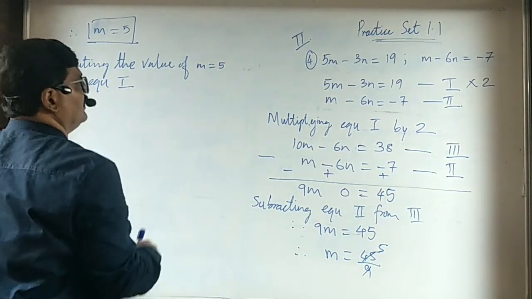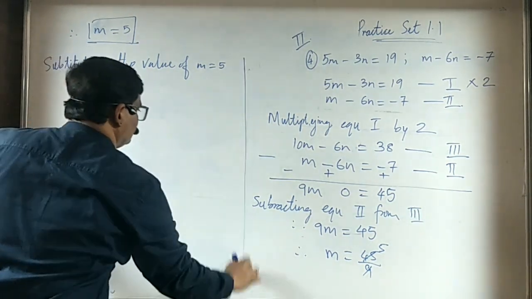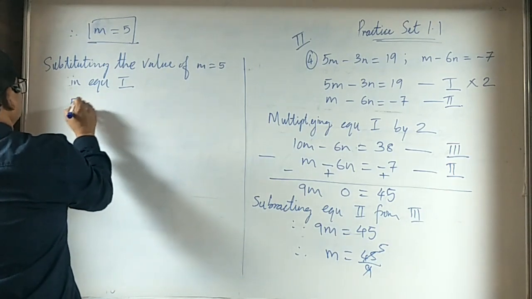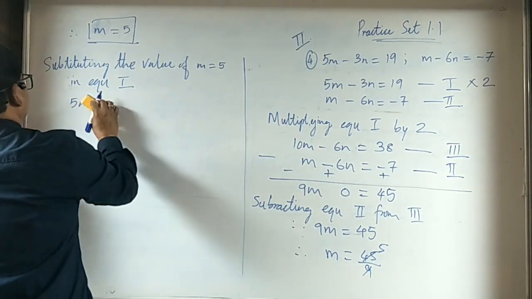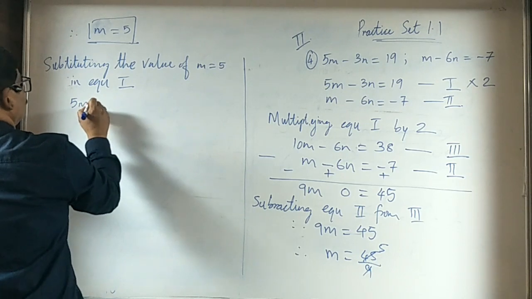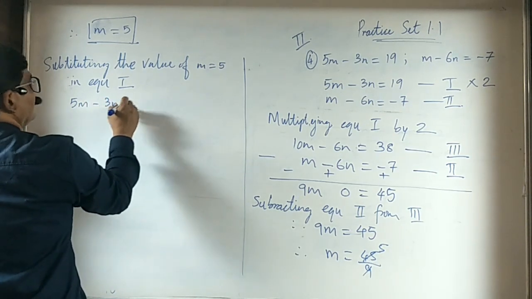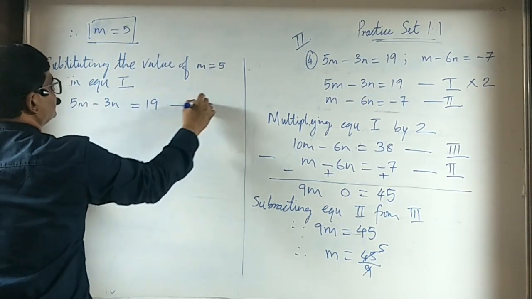And what is equation number 1? Can you see that over there? Equation number 1 is 5m minus 3n is equal to 19. That's my equation number 1.